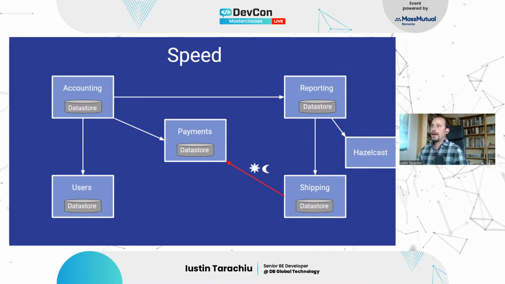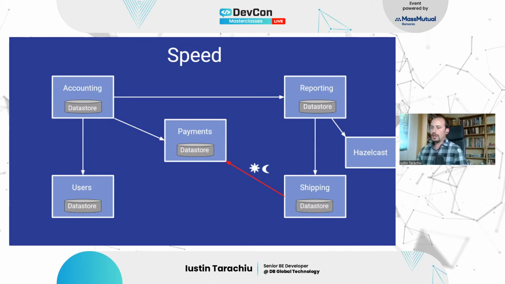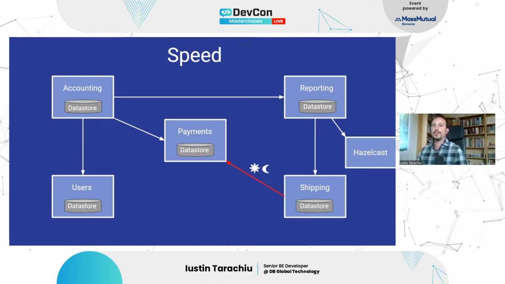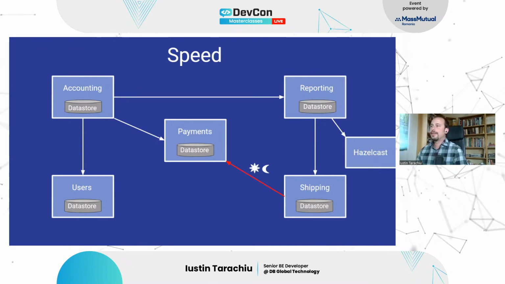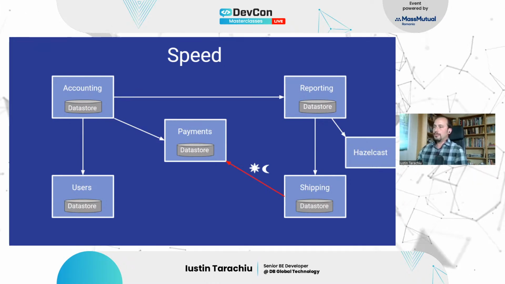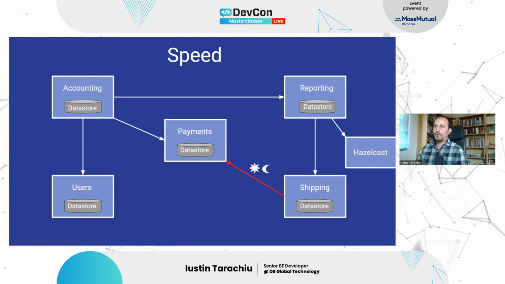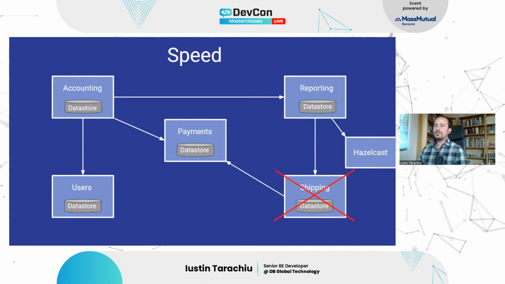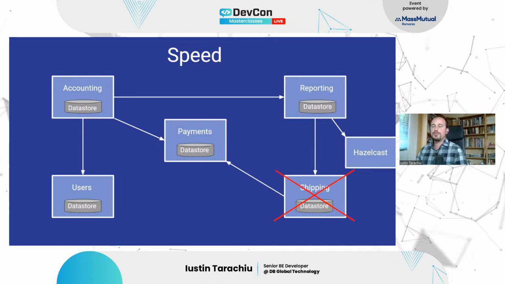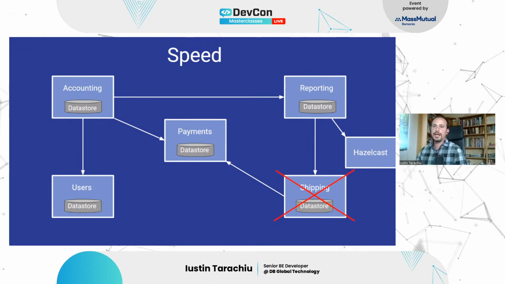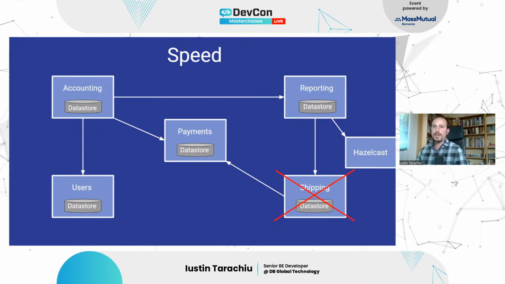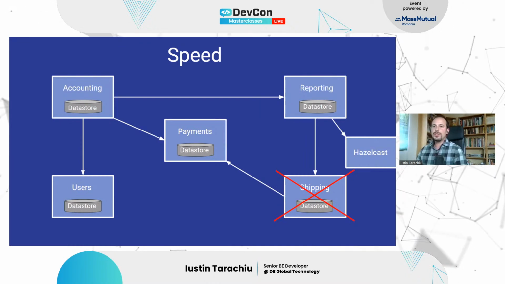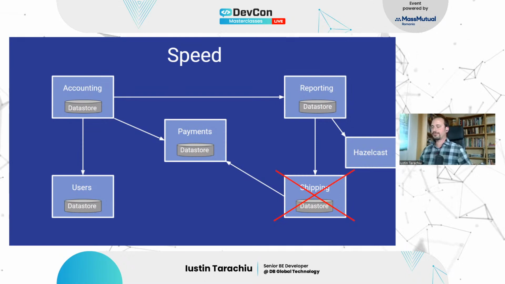In this case, after a call has been made with some parameters, if a second call is made with exactly the same parameters, then it will not make the call to the shipping or payment service because everything is now cached in Hazelcast. And we also have another advantage. For example, if the shipping microservice has failed, it crashed, or there's a problem with the network, at least we can partially use the data that has been cached.